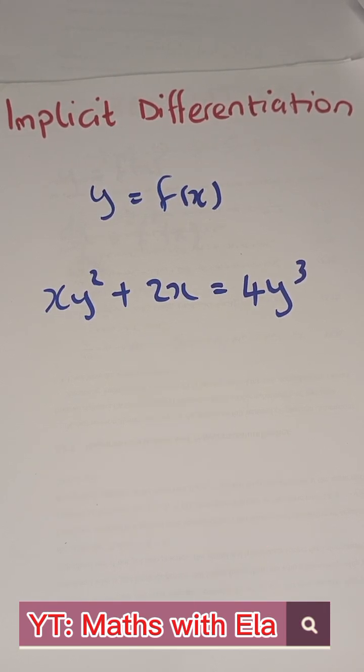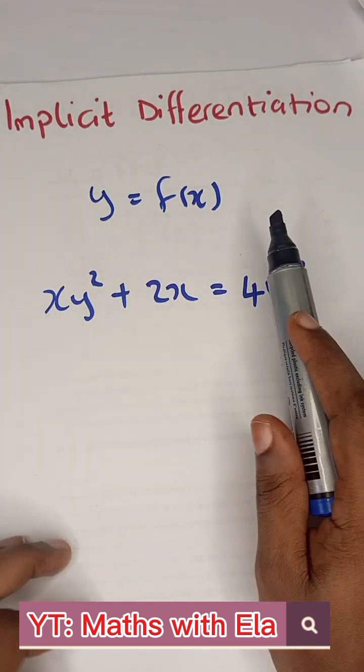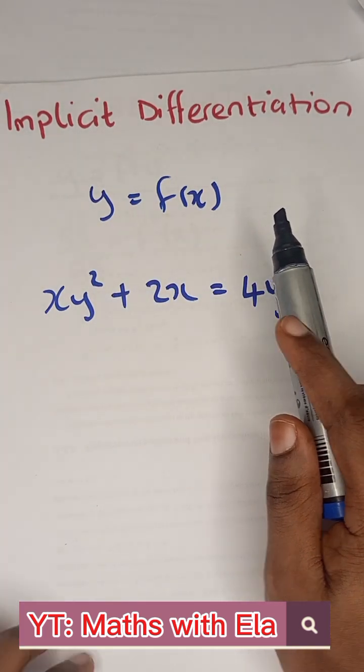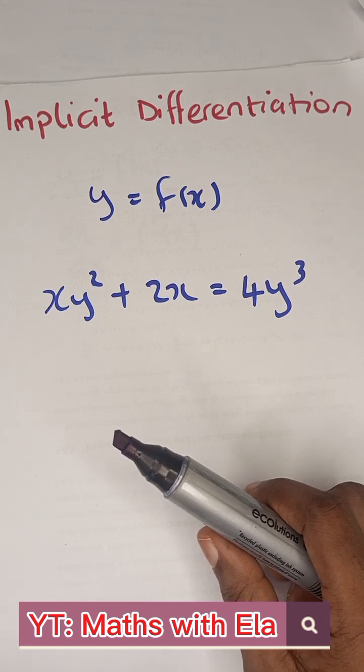We are still looking at differentiation, and today we are going to see how we can differentiate implicitly, or how we can differentiate implicit functions. So far, we've been dealing with explicit functions, that is, functions that can be written in the form y equal to f of x. That is, you can completely isolate y and write all the x terms on the right hand side.